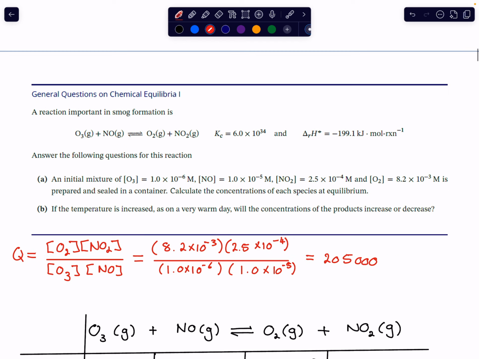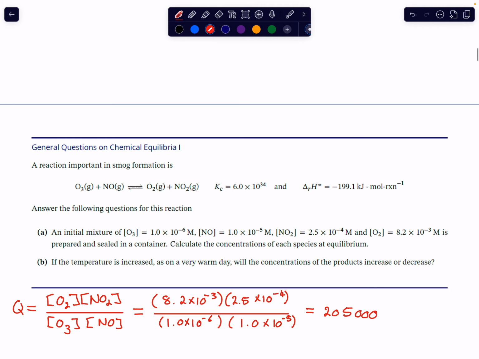So if we compare that to the Kc, we still see that Kc is a mammoth way away, because Kc is 6.0 times 10 to the 34.